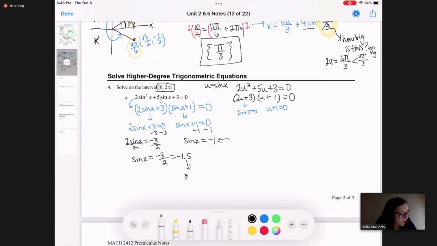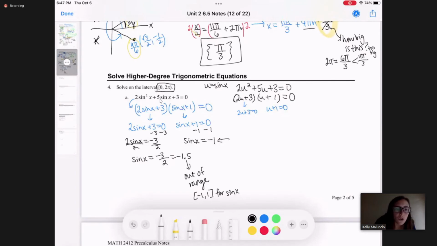Remember, the range for sine is -1 to 1. So this is out of range. It can't possibly equal this.